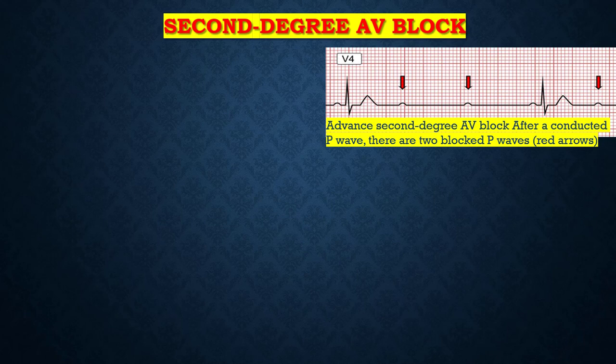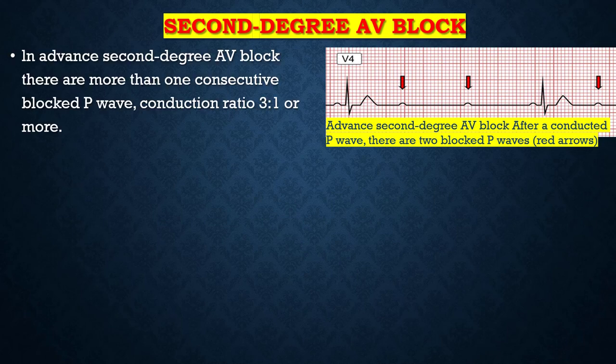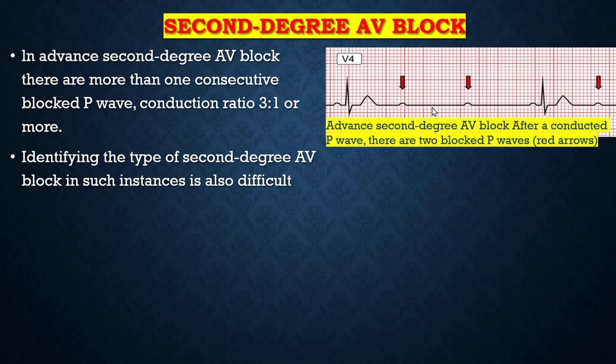Second degree heart block. In advanced second degree AV block, there is more than one consecutive blocked P wave. Conduction ratio 3:1 or more. You can see that the PR interval is prolonged and the P wave is not followed by a QRS complex, and there are dropped beats.